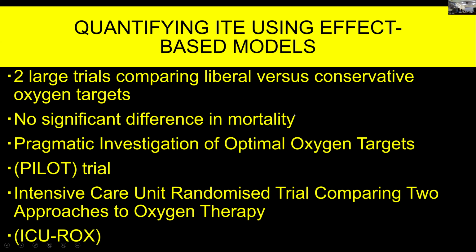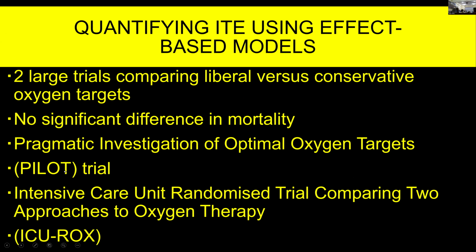I'm going to use two stories which I used in part one of this. You remember oxygen. Two large trials comparing liberal oxygen versus conservative oxygen target. So in ICU patients, some people like to have 100% oxygen therapy. Other people will be aiming for 21% oxygen therapy, saying oxygen is harmful. Which of these two strategies is correct?